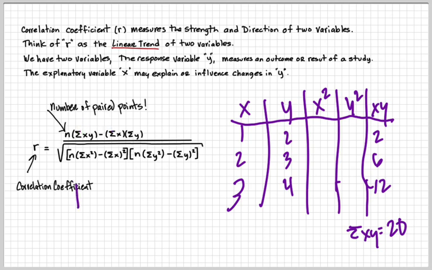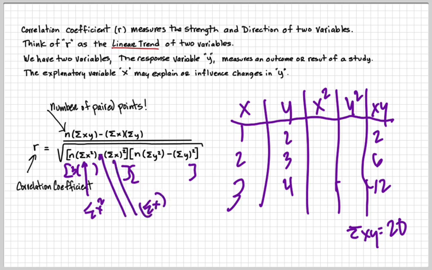Down here, first of all, you have two brackets, and each is inside of a square root. So inside that bracket, you have N, in this case 3, and then you have the sum of X squared, and here you have subtraction, and here you have the sum of X quantity squared.